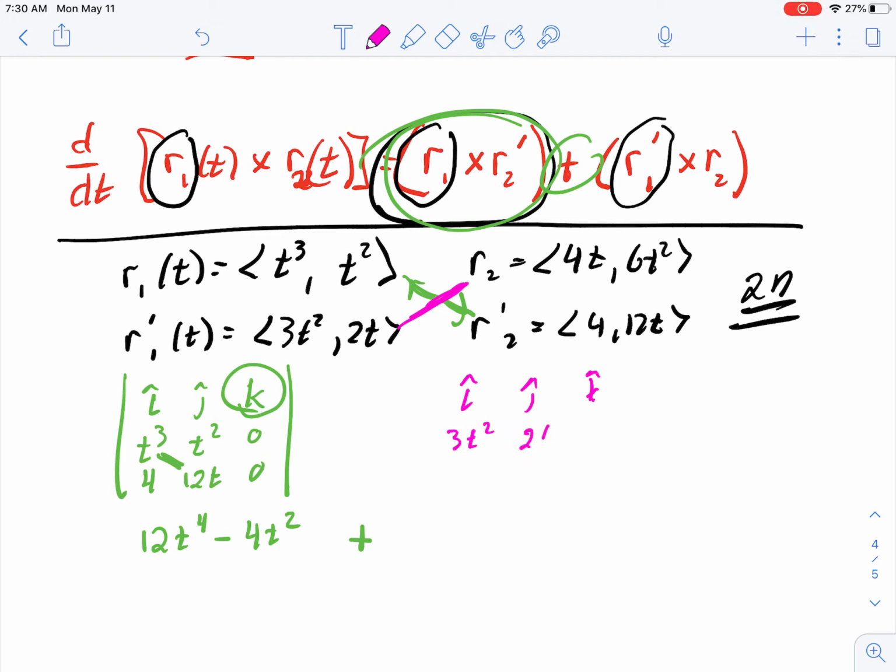So we have 3t squared, 2t, and 0. And then 4t, 6t squared, and 0. Again, we're doing the k component, which means we're going to add all these up. So this one here gives me 18t to the 4th.